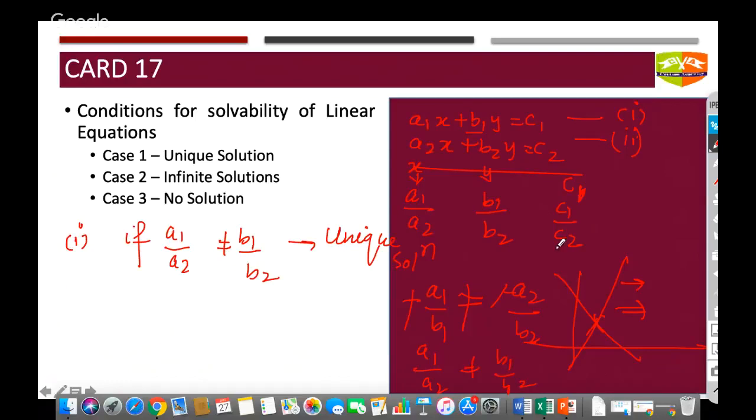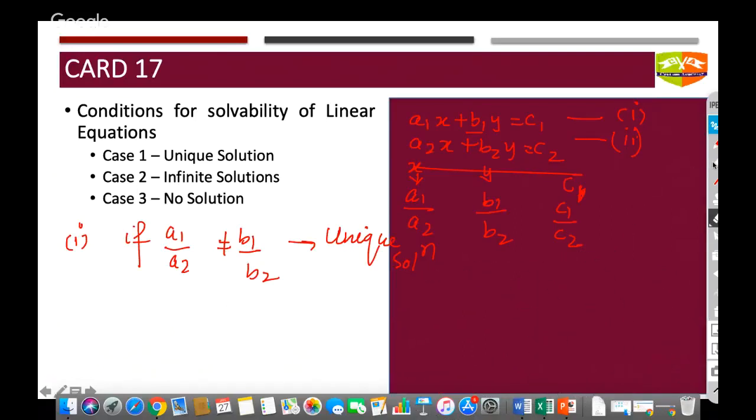This is the logic. If two lines are intersecting each other, they should not be parallel to each other, and they should not be coinciding with each other. In that case their slopes are not equal, so a1 by a2 is not equal to b1 by b2.